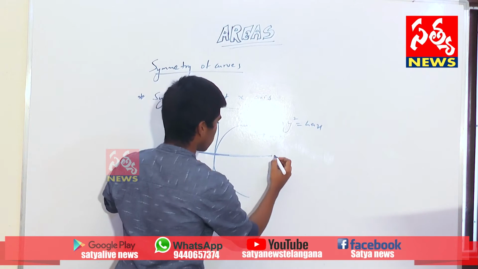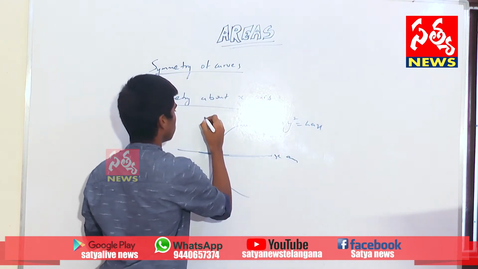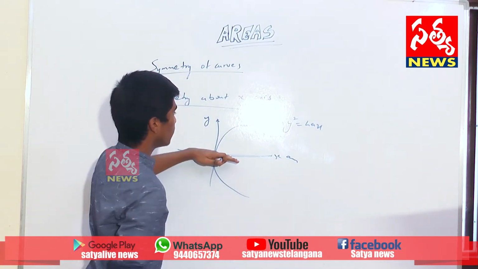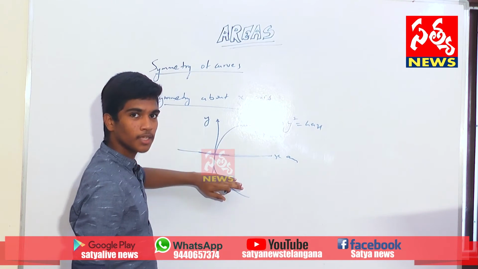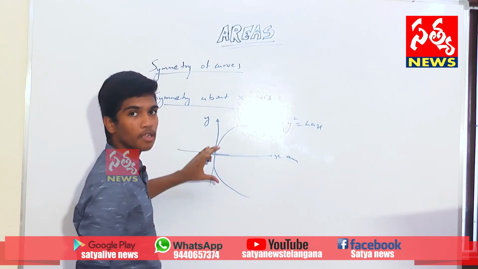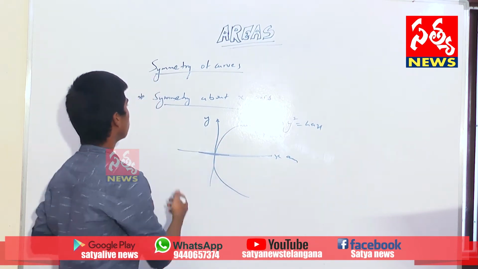See, this is the x-axis and this is y. The area above the x-axis and below the x-axis are the same, nothing but mirror images.